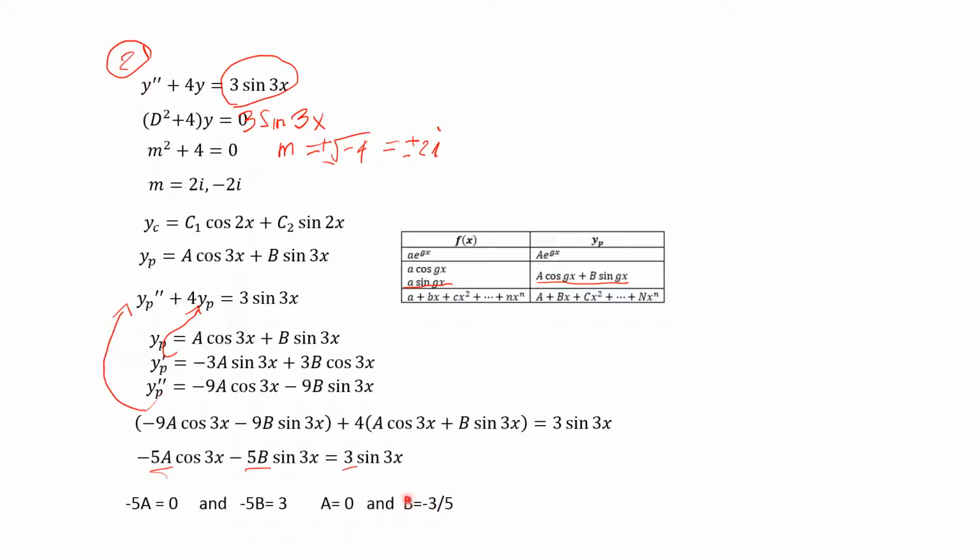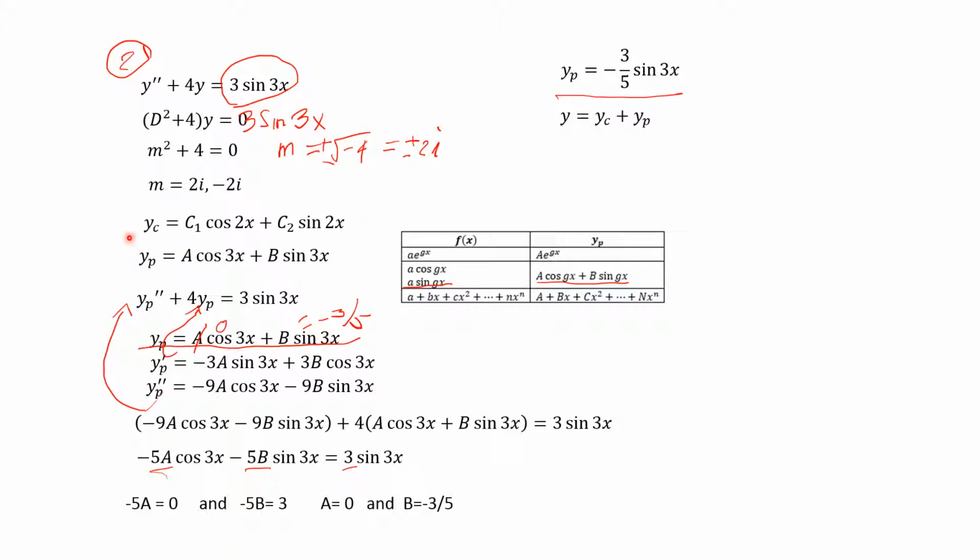Therefore you know already y sub p. Remember, this is our y sub p, where our a is already 0 and our b is negative 3 over 5. Therefore our y sub p is negative 3 over 5 sine 3x, and the general solution is the sum of the complementary and particular solutions.